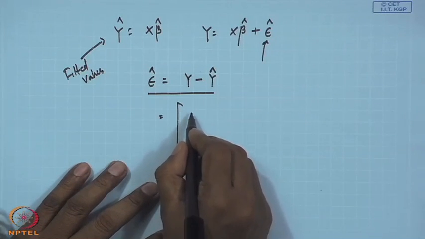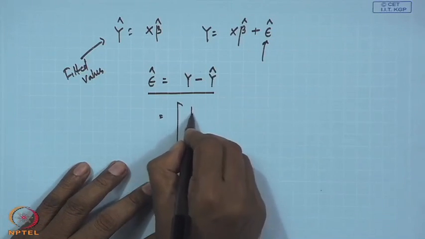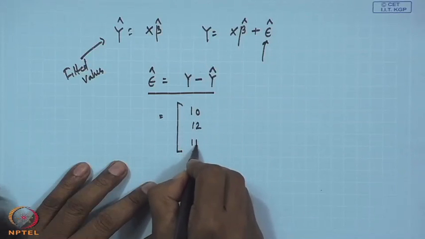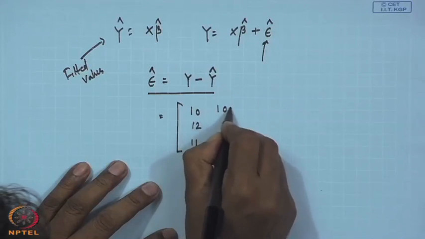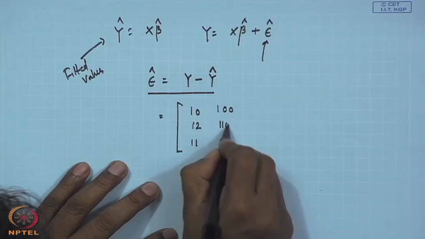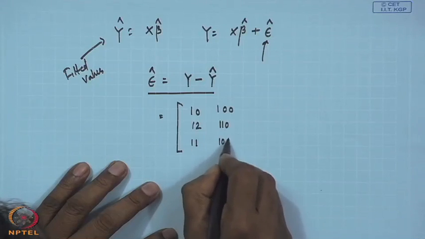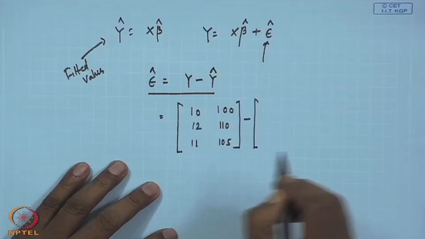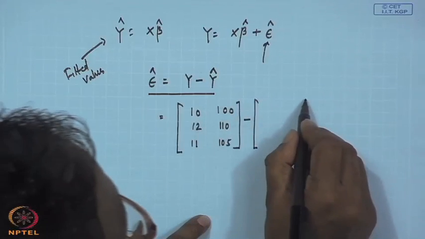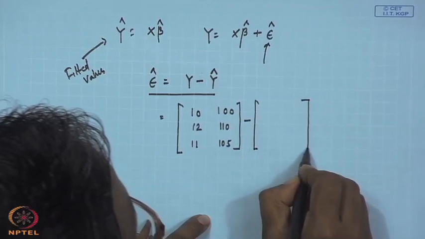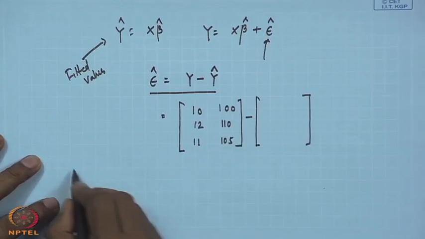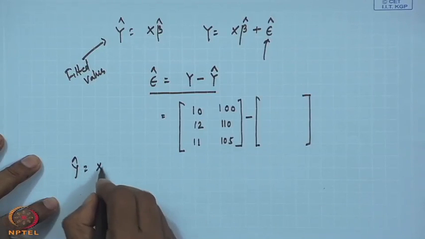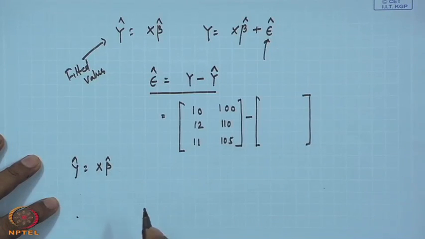So, your y variable is y1: 10, 12 and 11, and y2: 100, 110 and 105. What you require to do now is find out the y cap values. Now, y cap is x beta cap.